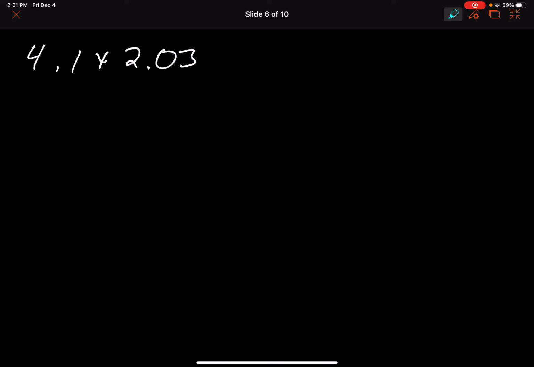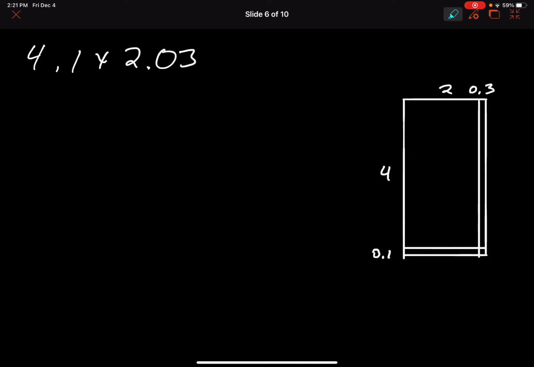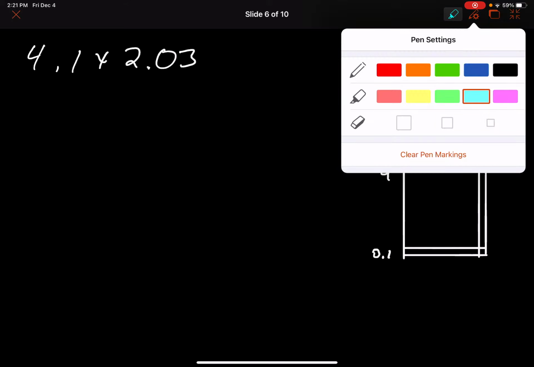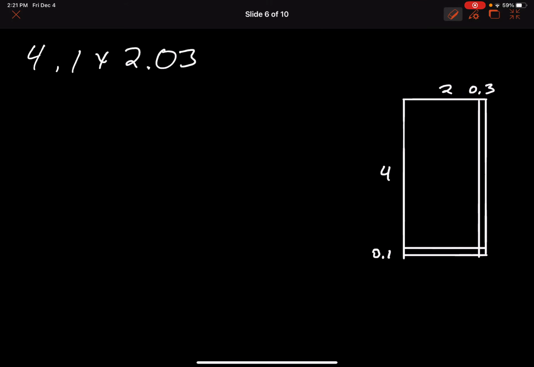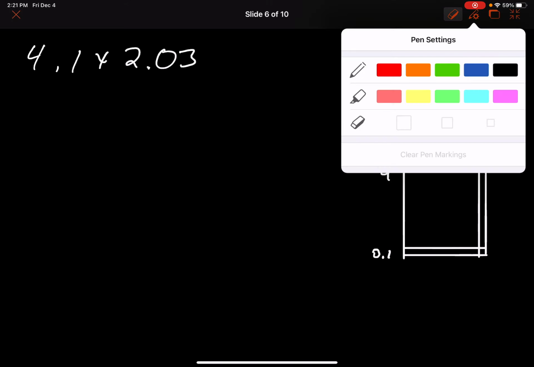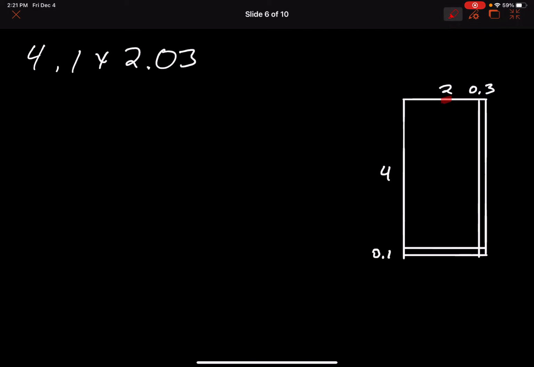Okay, so what actually happened here? So hopefully you've seen a model like this before, except for the decimal is supposed to be here. Oh no, wait, that's right. All right, so this 2 is applying to this space here. So this would be 2 times 4. What this is applying to is that I've broken off this space here.